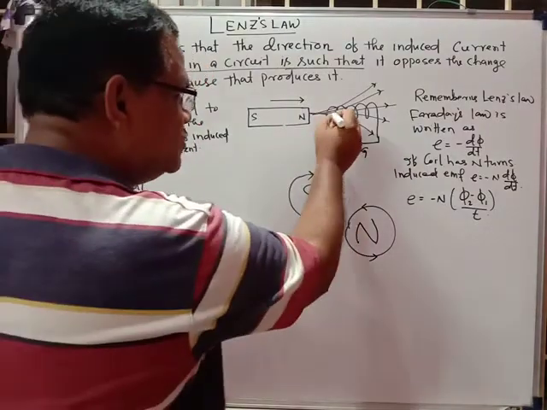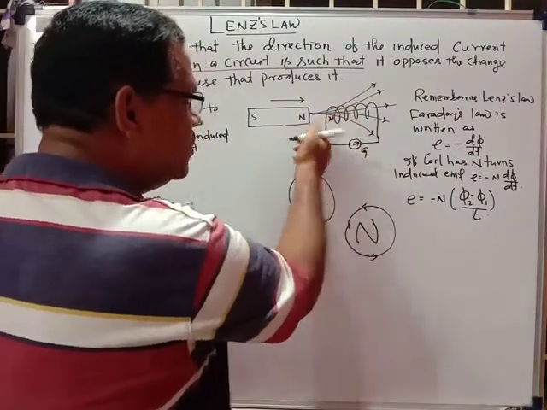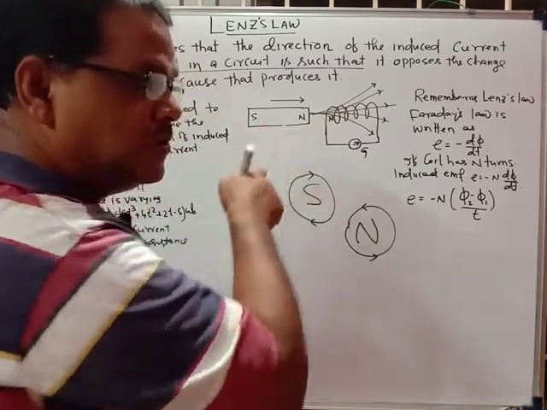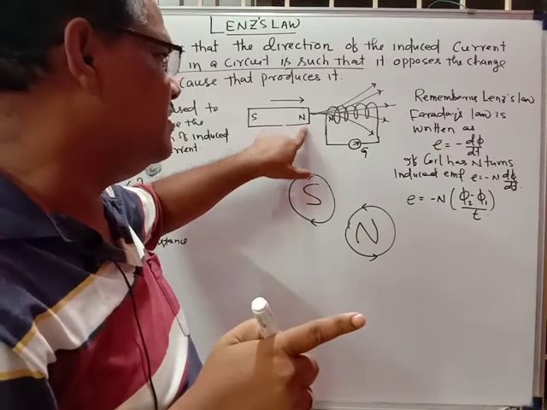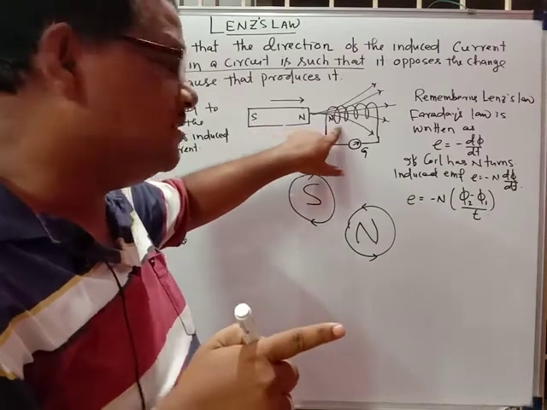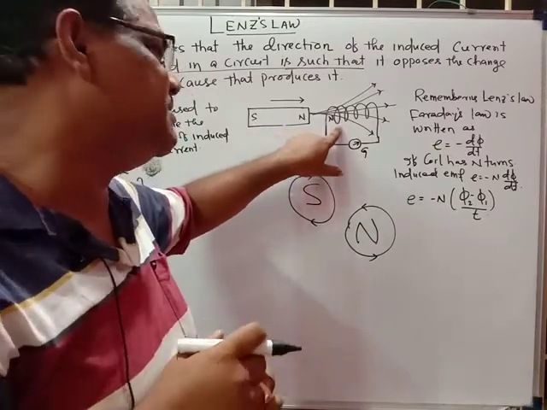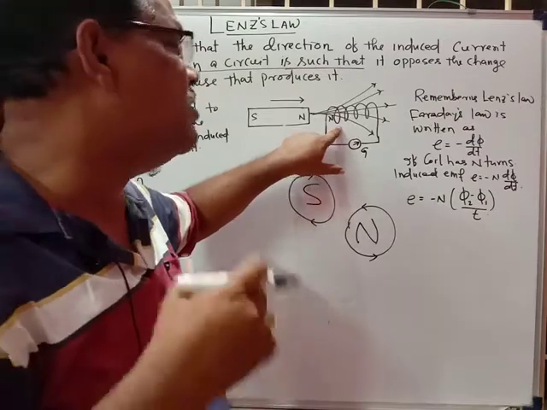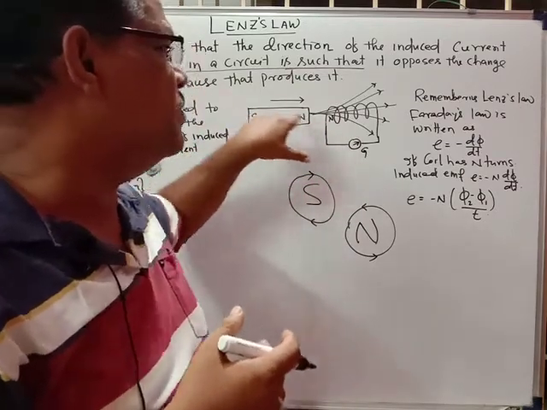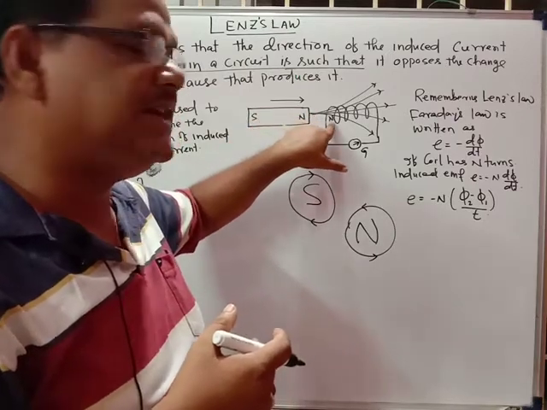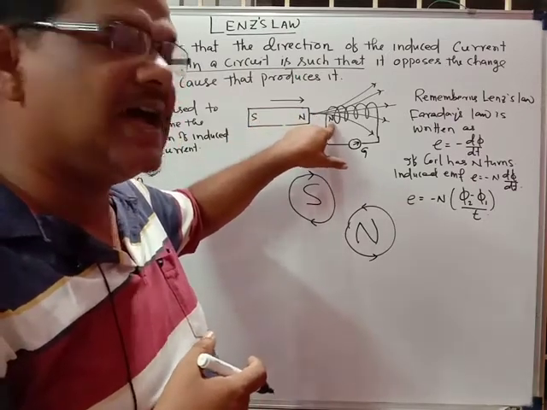If it is the north pole, then it will oppose the movement of the north pole towards the coil. As per the law, the nature of the induced current will be such that it opposes the cause. The cause is the movement of the north pole towards the coil, and that will be opposed. That means this side will behave as a north pole.